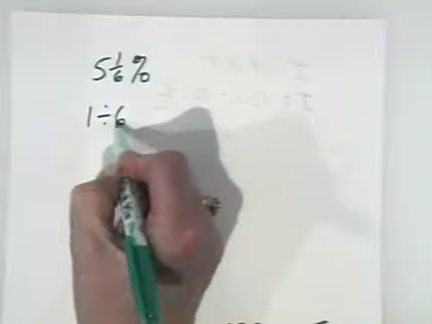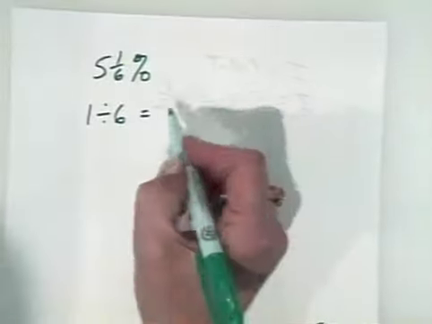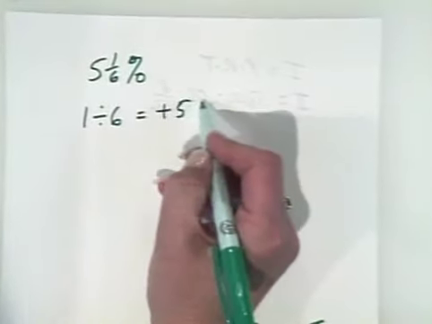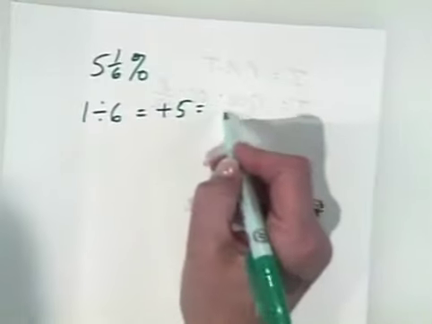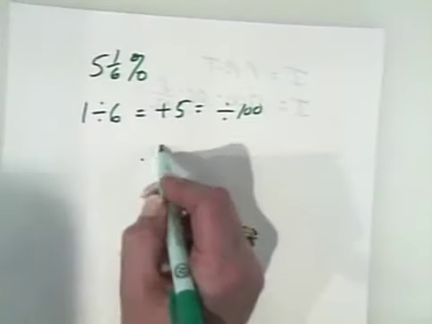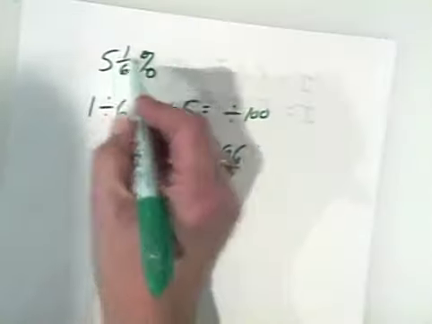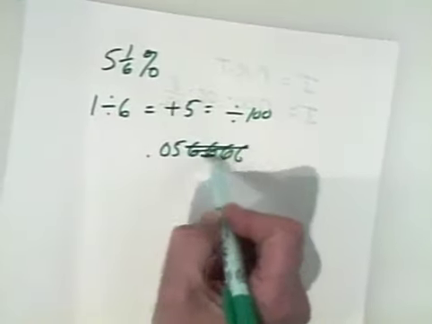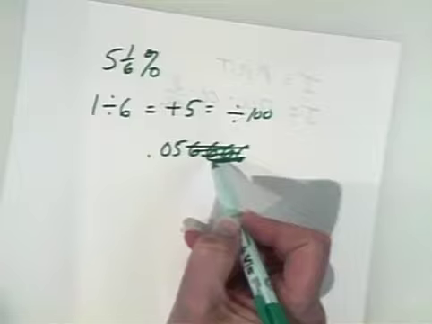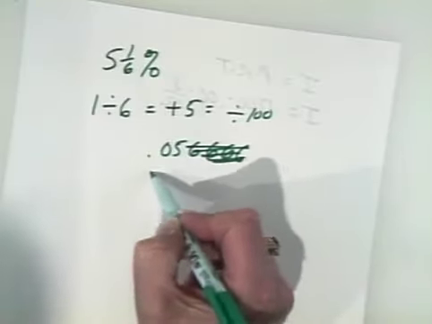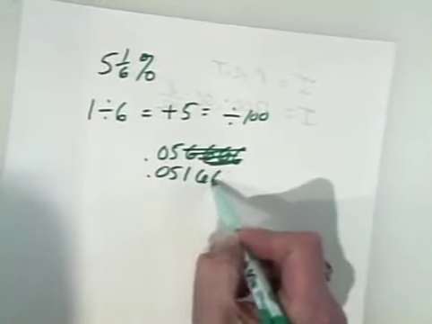And how you would get that is 1 divided by 6 equals, and then you're going to say plus 5, and then you're going to divide that by 100, and it should be, no, what's 1 divided by 6? I'm sorry. 0.166666667. So it's 0.0516. 0.0516666.